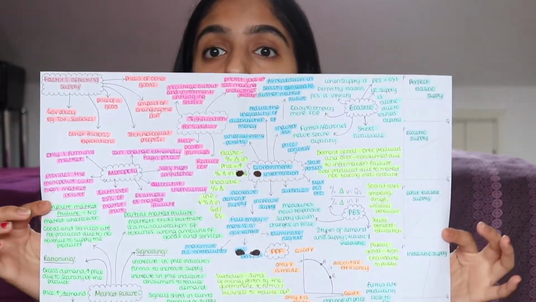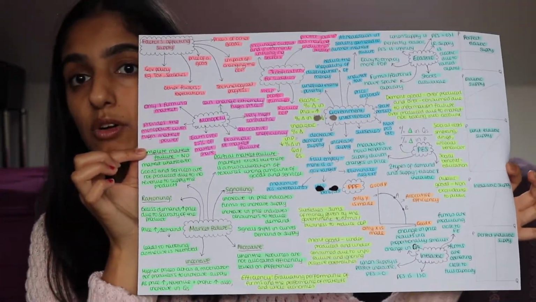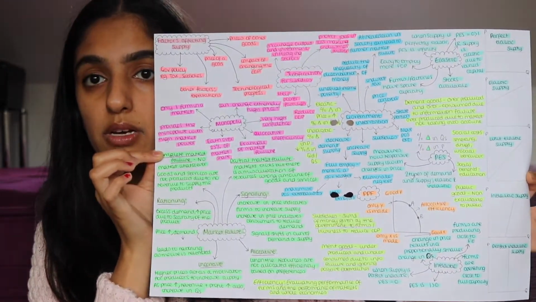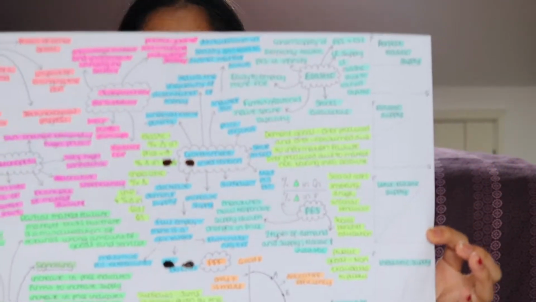Another poster would have been for just flat out everything. Again, everything I would need to know for my spec would be on this piece of paper, and it was for supply side of economics for year one. So everything would be on these A3 sheets of paper, so I know that all my work would be in one place for me to just revise for exams and all that kind of thing.